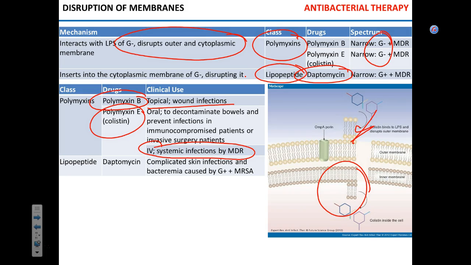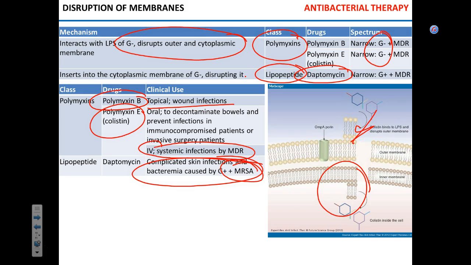Same goes for daptomycin. Either skin infection, or if the patient is bacteremic, it should be something extremely serious. Okay, like MRSA. Why is it used to treat such severe infections only? Why is it not used to treat other things? Looks like they're very targeted.